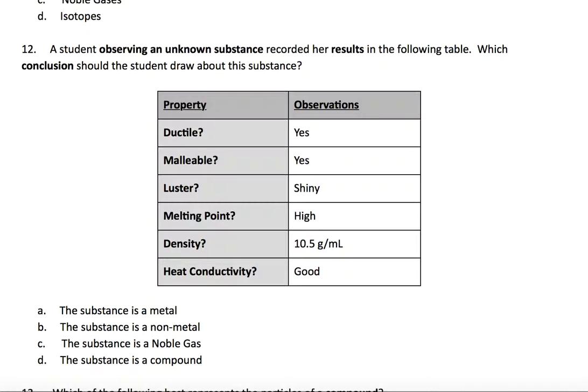A student observing an unknown substance records her results in the following table. Which conclusion should the student draw about this substance? A, the substance is a metal. B, the substance is a nonmetal. C, the substance is a noble gas. D, the substance is a compound.